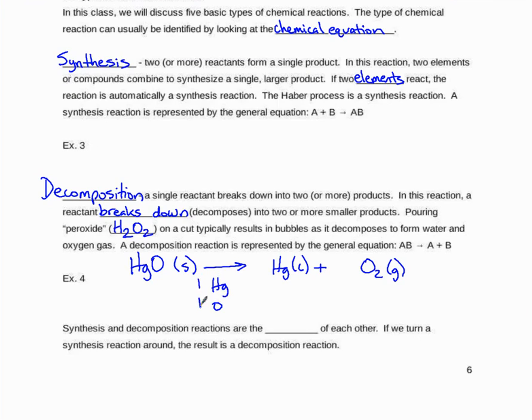So there's 1 of each of them. In the reactants and the products, there's 1 mercury and 2 oxygens. So if I put a 2 here, that balances the oxygens, but it changes the mercury. And to fix this, I add a 2 to the mercury, and that'll fix it.